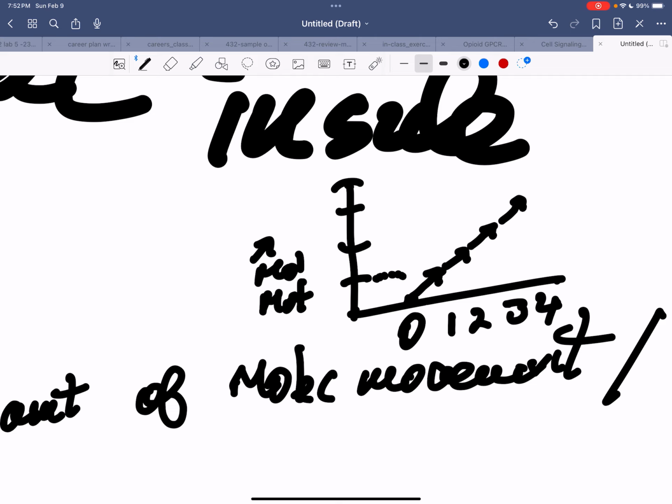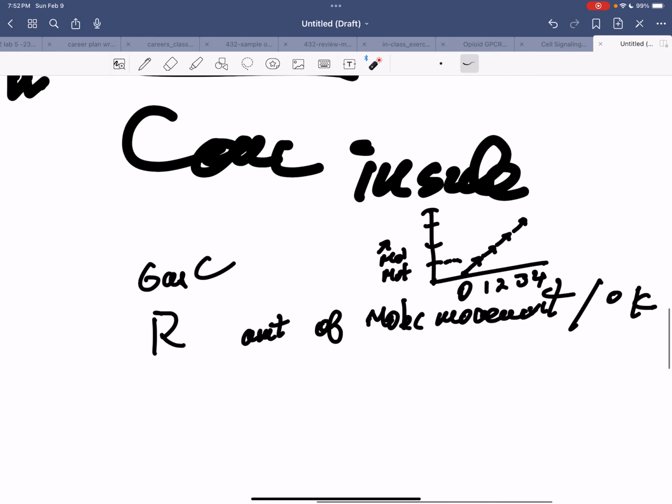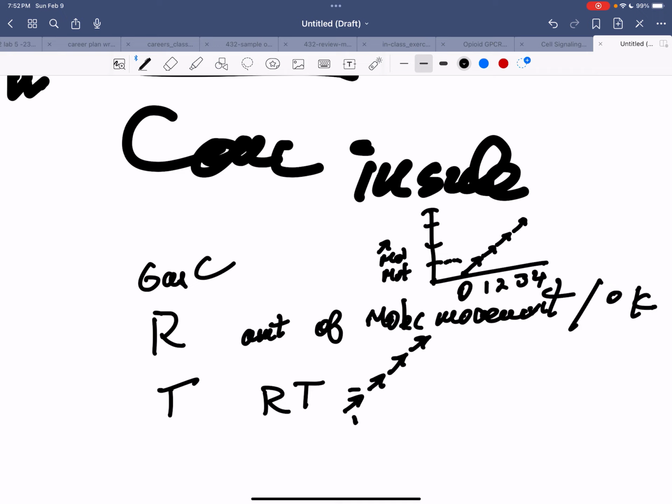So if we want to know the total molecular movement at a particular temperature, it's going to be the gas constant, this, times the number of degrees. So R times T can be thought of as where each one of these represents the amount of molecular motion in 1 degree, but we're multiplying it by the temperature to get the total.